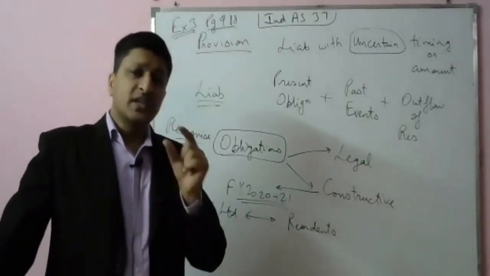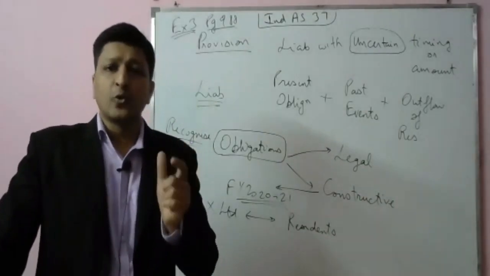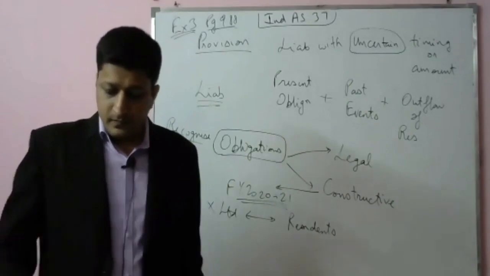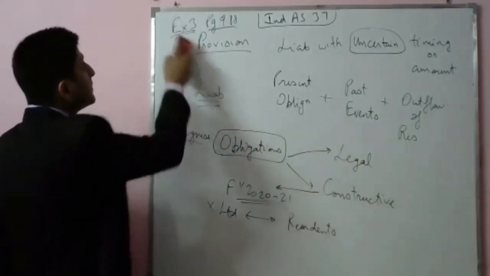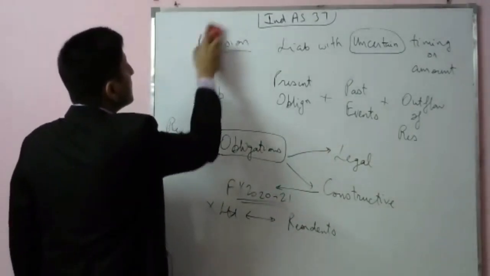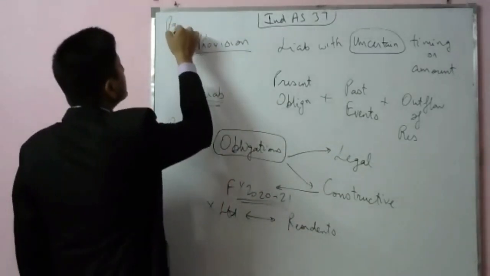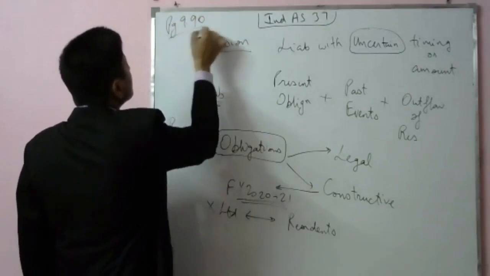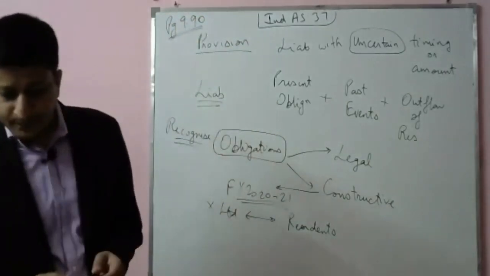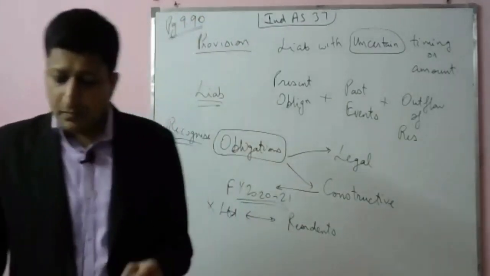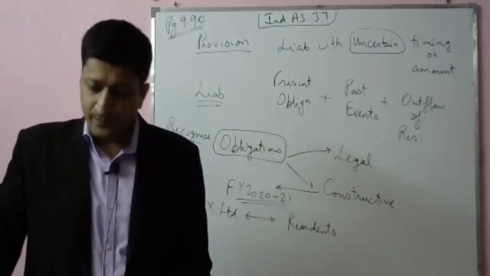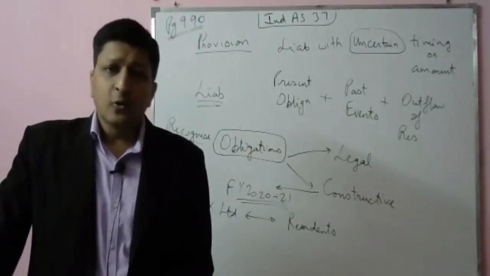Similarly, there is a concept called accruals. All of you can refer to page number 9.90. I have been picking up all of these examples from here. What are accruals?